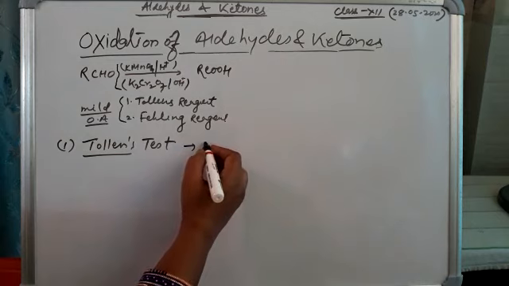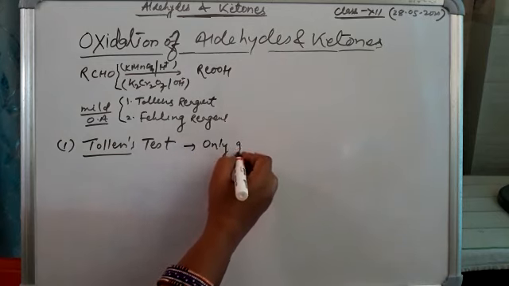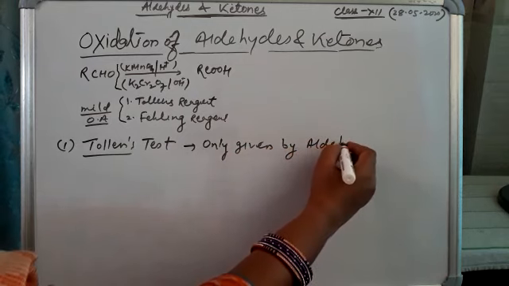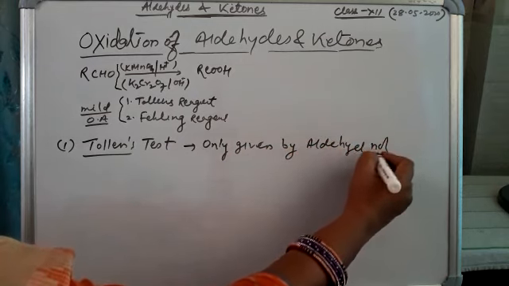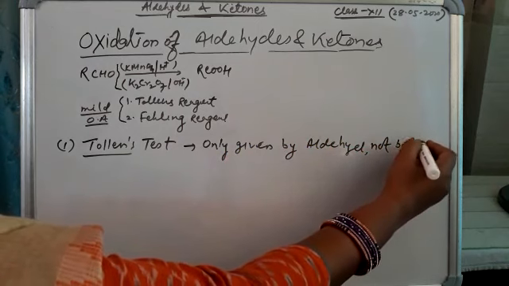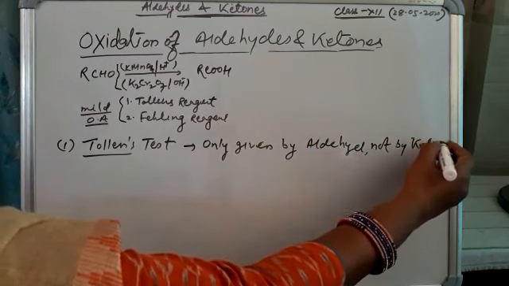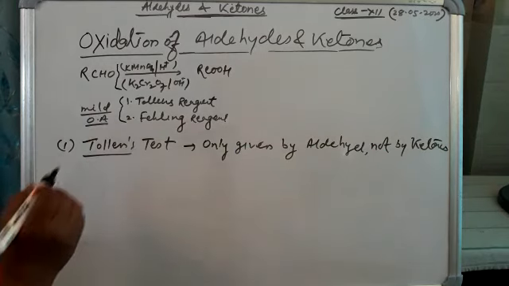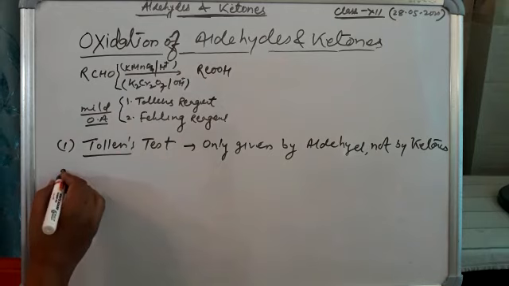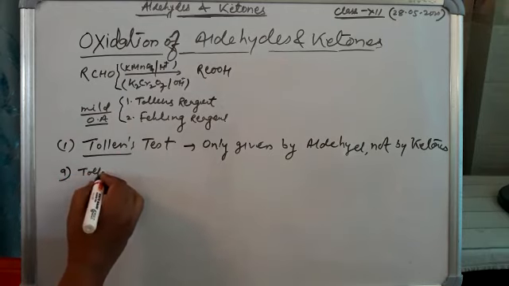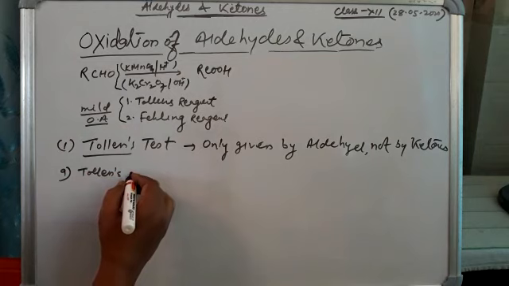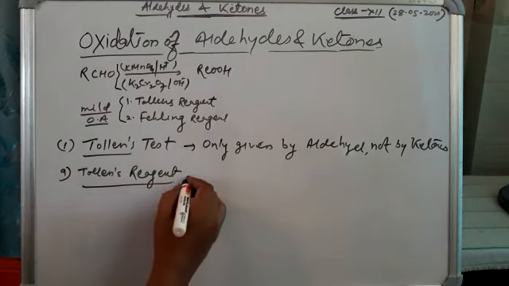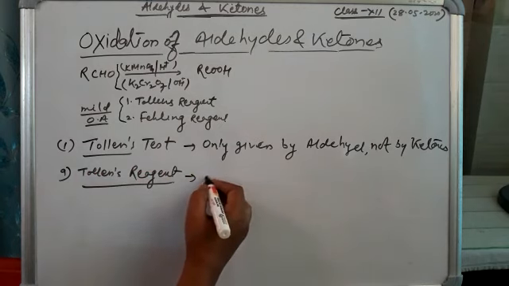Write down: this test is only given by aldehyde, not by ketones. As we know, this is a mild oxidizing agent. So Tollens reagent is an ammoniated silver nitrate solution.